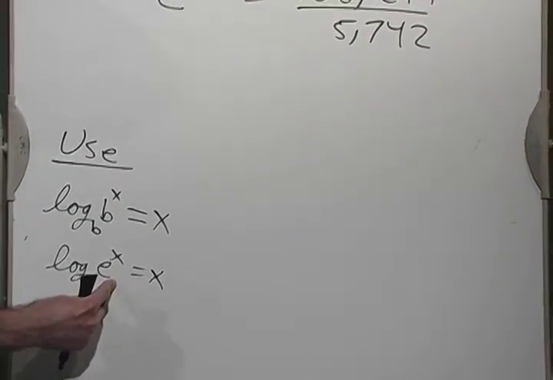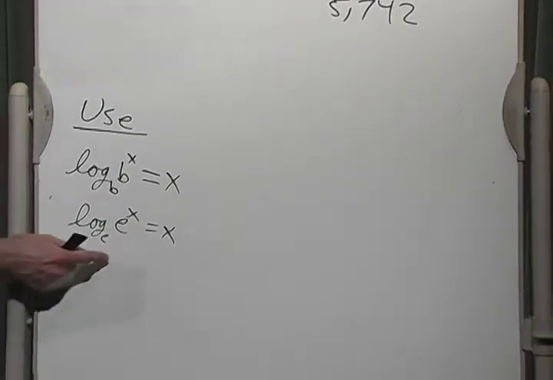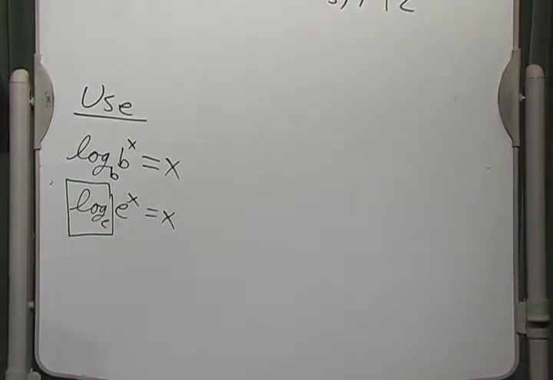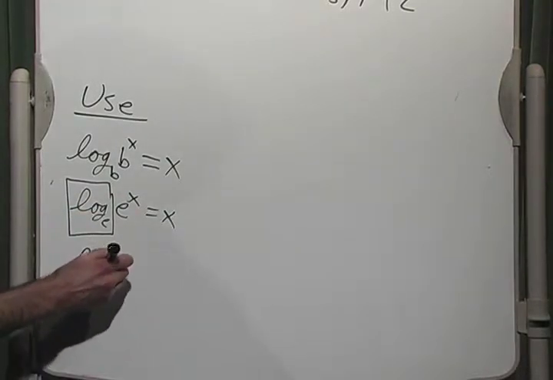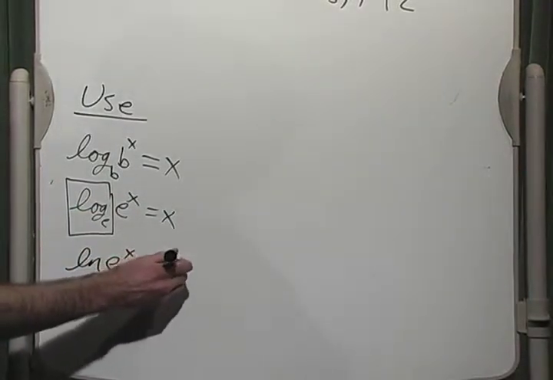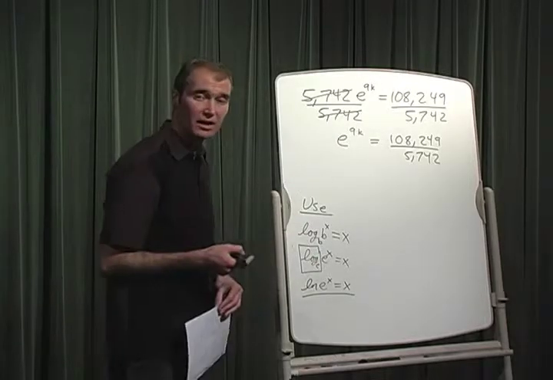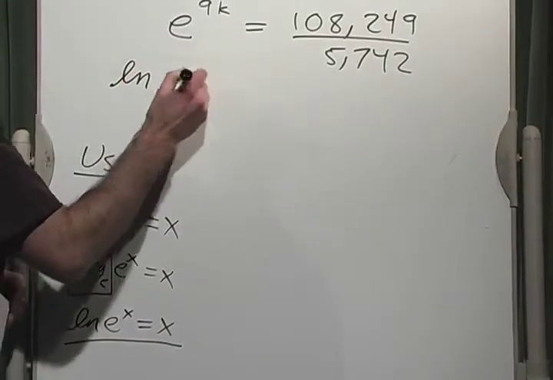All I'm doing is using a specific number rather than a general base b. But you guys know that this can also be written as ln. So this same rule is the natural log of e to the x equals x. This rule is really going to help us out when it comes to solving a problem like this. What I'm going to do is take the natural log of both sides.